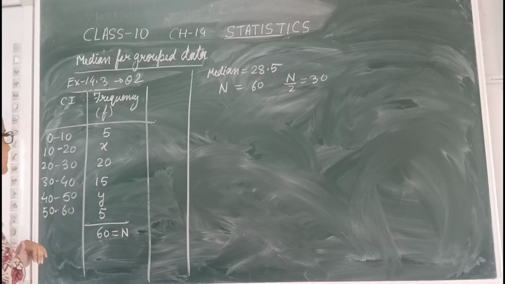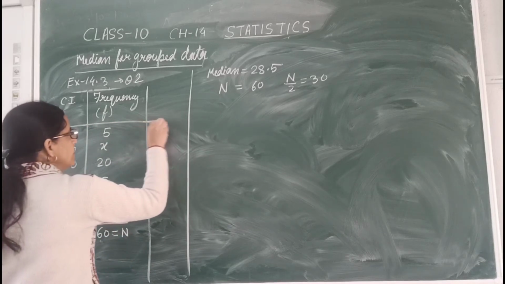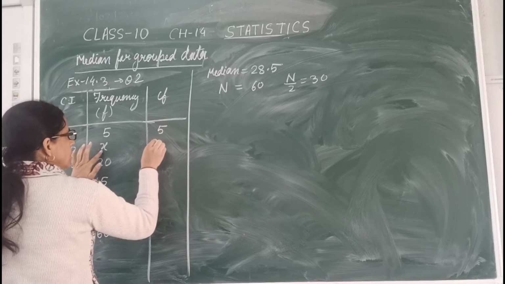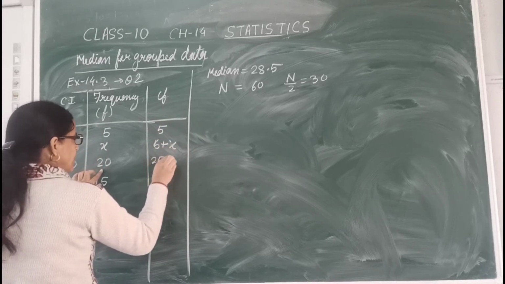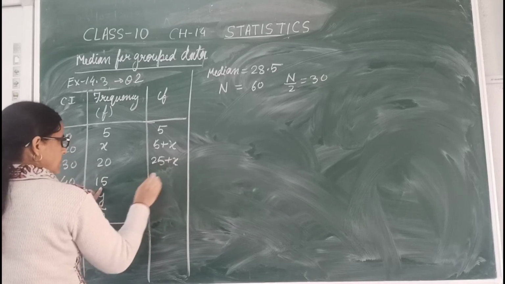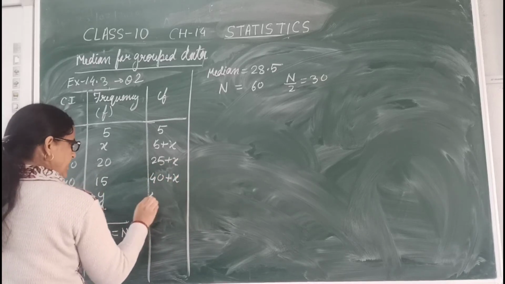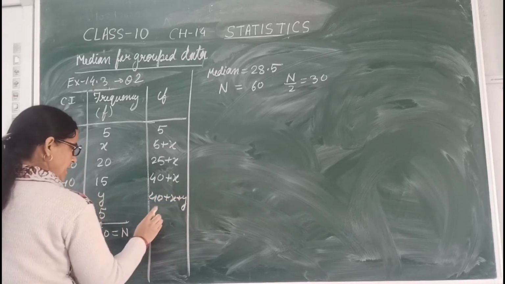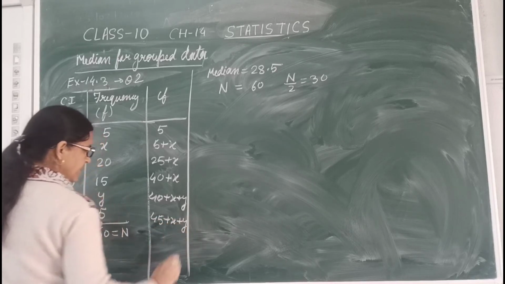Now, first we will find the cumulative frequency column as we used to find. So CF: over here 5, then 5 plus x, then 25 plus x, then 40 plus x, then 40 plus x plus y, and then 45 plus x plus y. Okay?